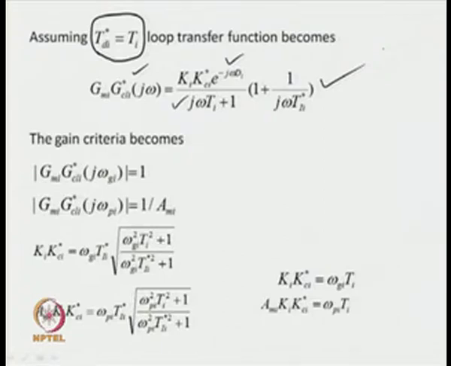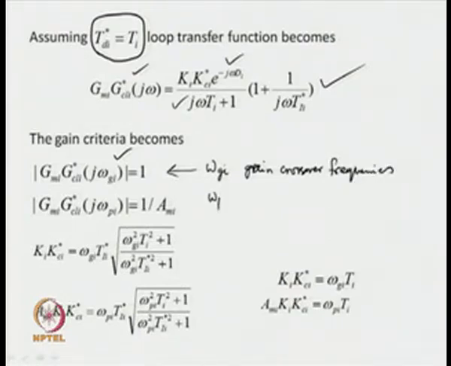Then applying the gain criteria, it is possible to write expressions like the magnitude of the loop gain is equal to 1 at the gain crossover frequency, and the magnitude of the loop gain at the phase crossover frequency is equal to the inverse of the gain margin. Now, omega gi in this expression represents the gain crossover frequencies.